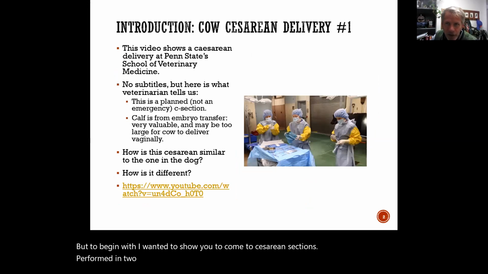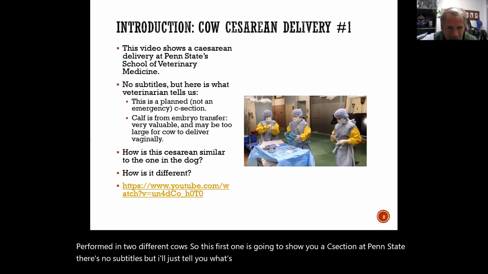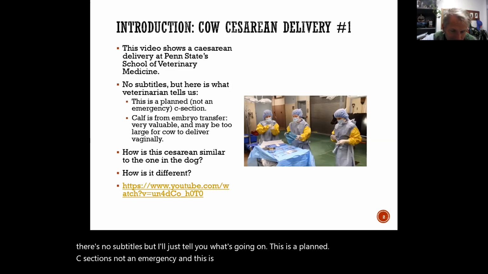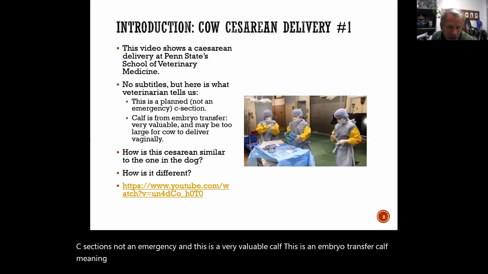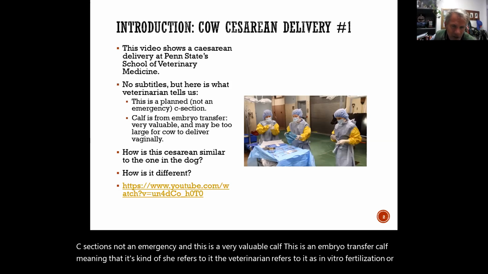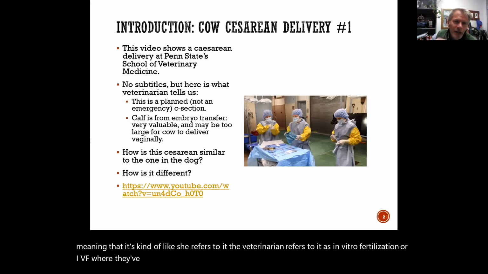So this first one is going to show you a C-section at Penn State. There's no subtitles, but I'll just tell you what's going on. This is a planned C-section. It's not an emergency, and this is a very valuable calf. This is an embryo transfer calf, meaning that the veterinarian refers to it as in vitro fertilization or IVF, where they've taken an embryo and they've actually placed it in this cow.